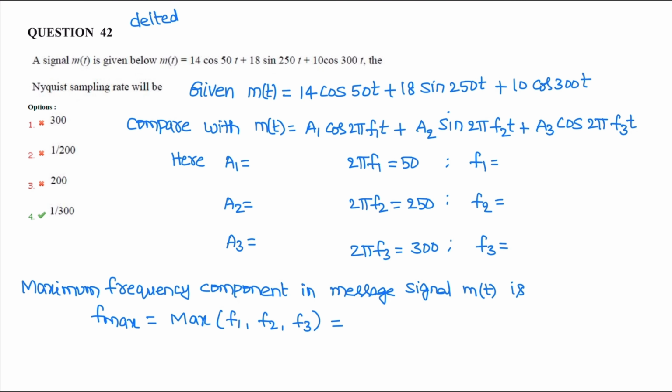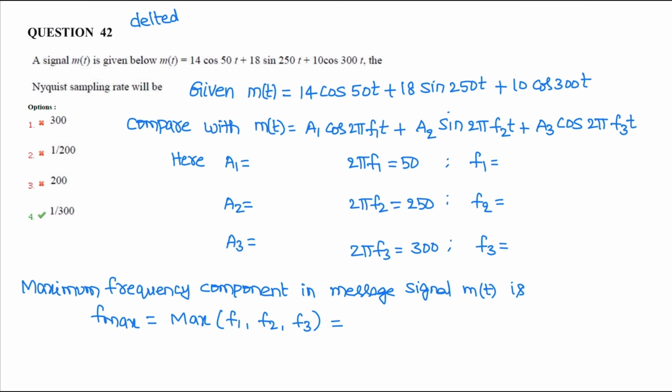Question number 42. A message signal m of t is given as m of t is equal to 14 cos 50t plus 18 cos 250t plus 10 cos 300t. Compare this message signal with m of t is equal to a1 cos 2 pi f1 t plus a2 cos 2 pi f2 t plus a3 cos 2 pi f3 t.